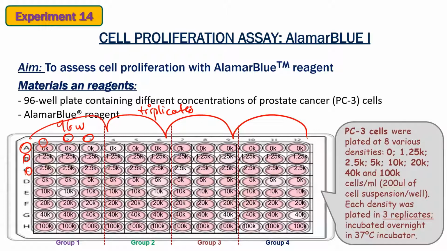In this case we have 4 sets of triplicates, but in real life you might have triplicates of different treatments. So let's say groups 2, 3, and 4 are drugs 1, 2, and 3. So you would have different conditions, etc.